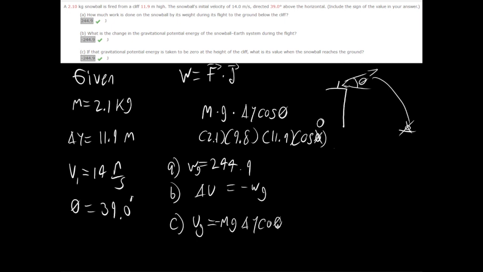In this case, theta equals 0. So what this would be, instead, it would still be negative Wg. So in this case, we can say that Ug is equal to negative Wg, same as change in potential energy, same as work done by gravity. So that is how you do chapter 8, homework problem number 2.